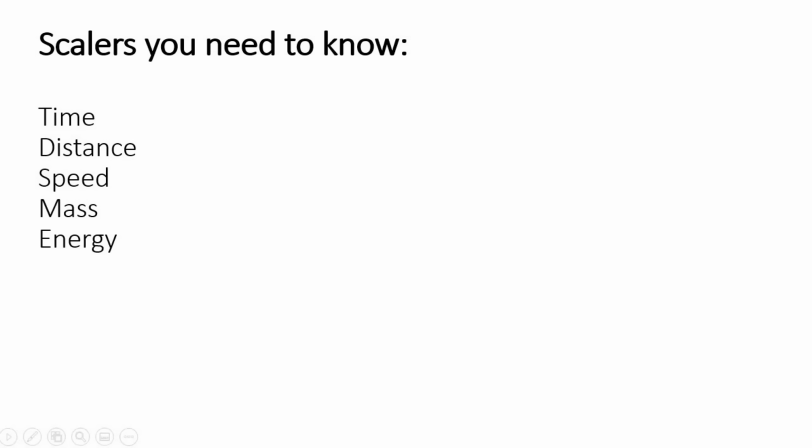Oh yeah, 20 kilometers per hour. So that's just 20 kilometers per hour, but you're not going to say 20 kilometers per hour north, okay? It would be a bit weird. And then we already spoke about mass, and then energy is just one that will pop up every now and then. So scalars only have size or magnitude, but they don't also have direction. Okay, that's pretty much it for scalars.